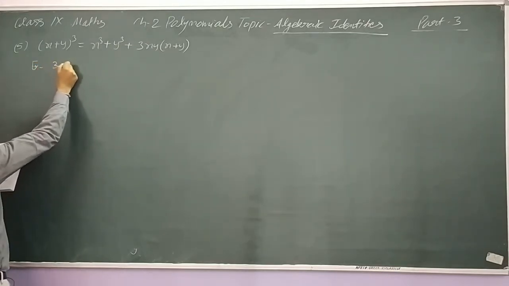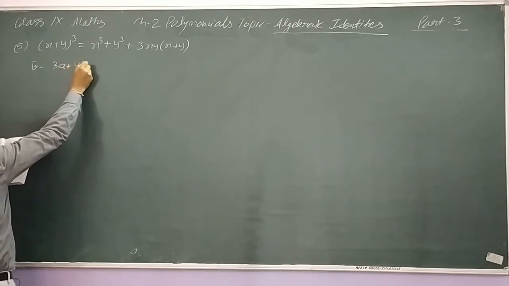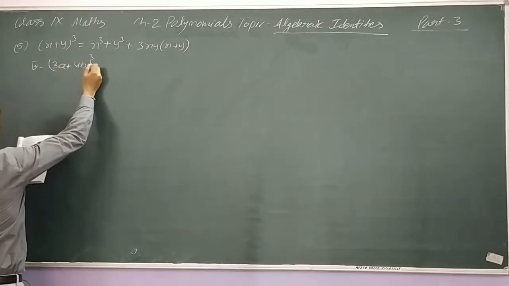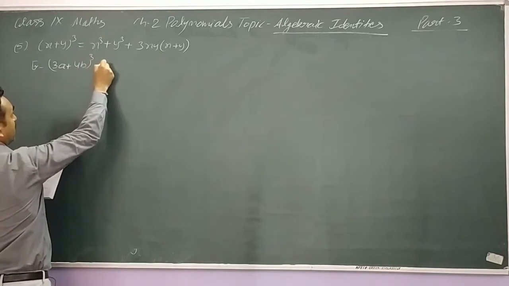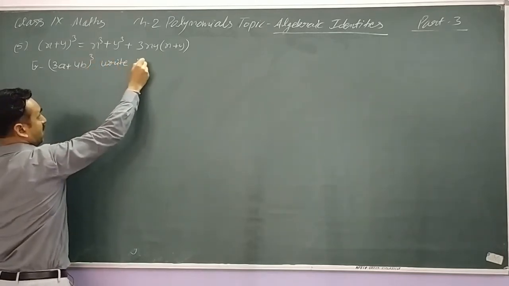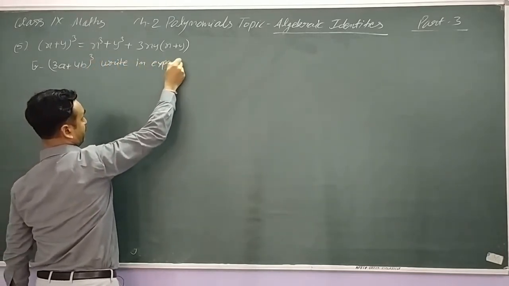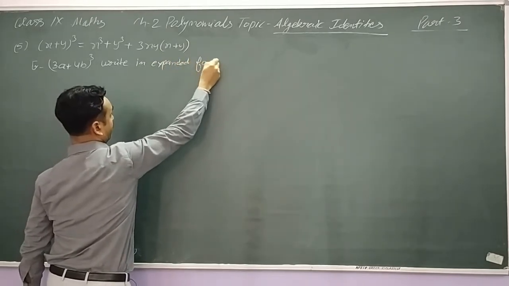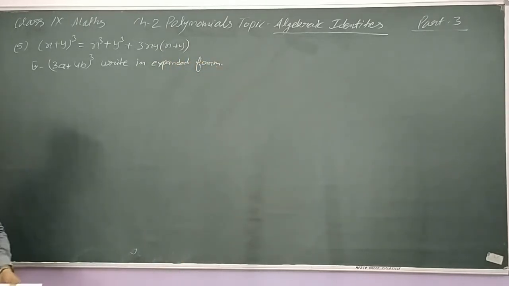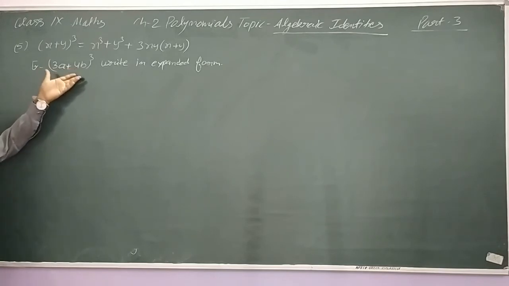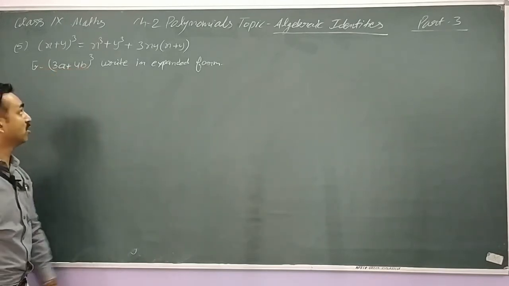(3a + 4b)³, and write the expanded form. So how can we find the expanded form for (3a + 4b)³?